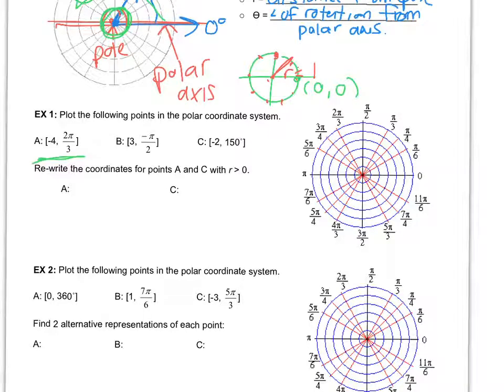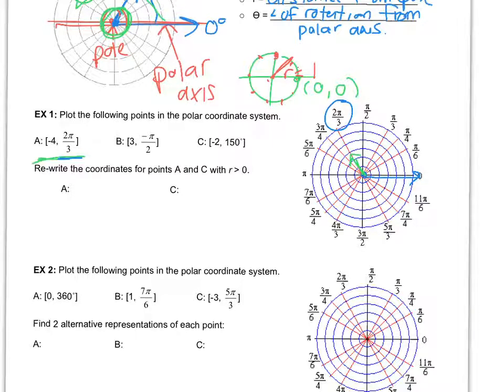There's a couple of different ways you can think about this. I always like to describe it as: pretend you're standing right here at the pole facing the direction of 0 degrees. You open up to an angle of 2 pi thirds, so here we see 2 pi thirds, and if I switch to green, then imagine facing 2 pi thirds.